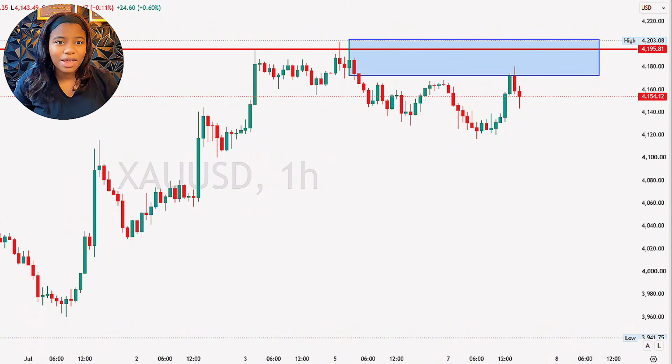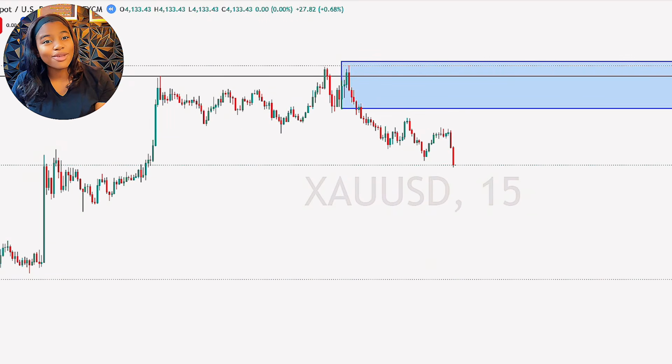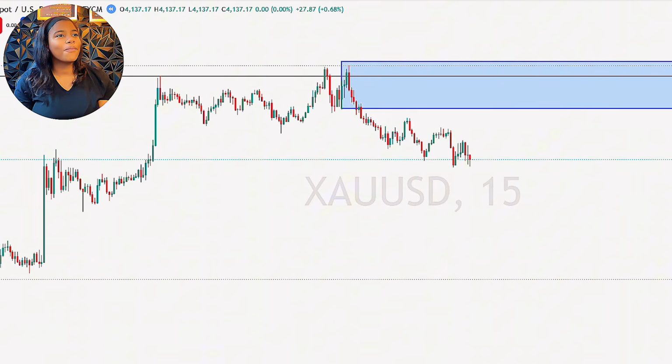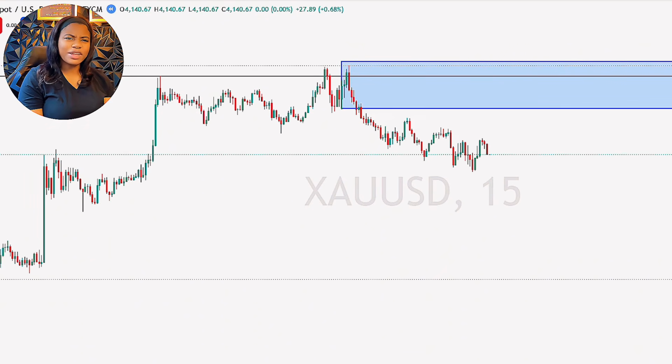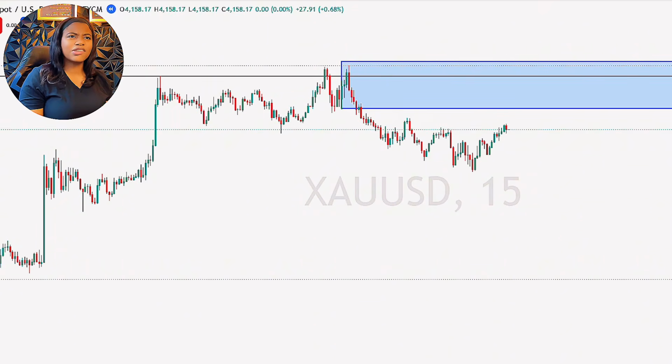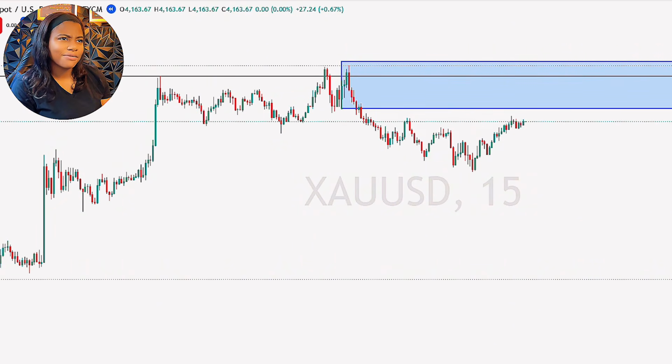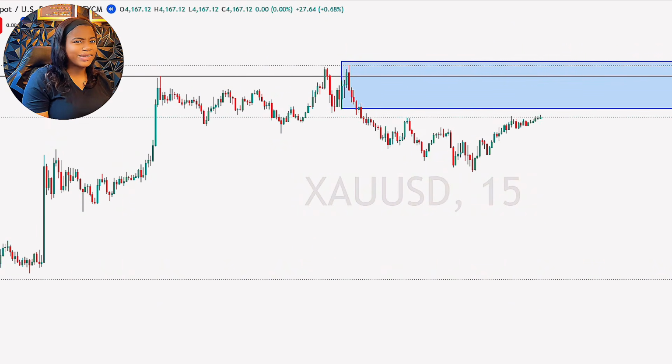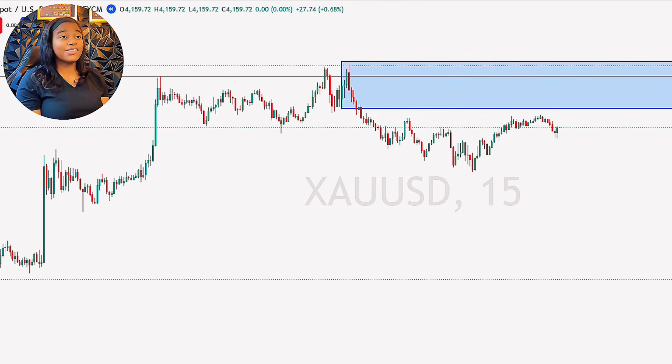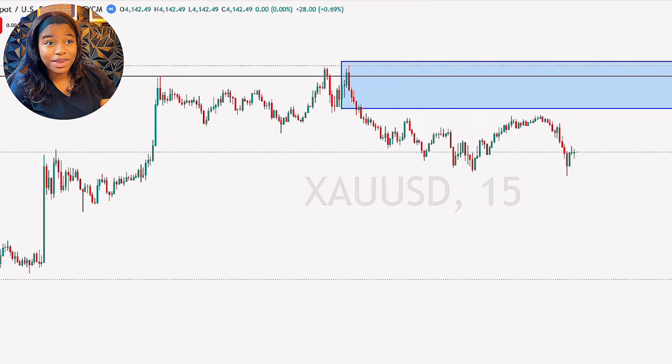Wait for the train because it will be there. You just have to be patient and wait for it to come back. So when it comes back and it retests your key area, this is now where you're positioning yourself. This is where the opportunity aligns. This is where you get the sniper entry, right?